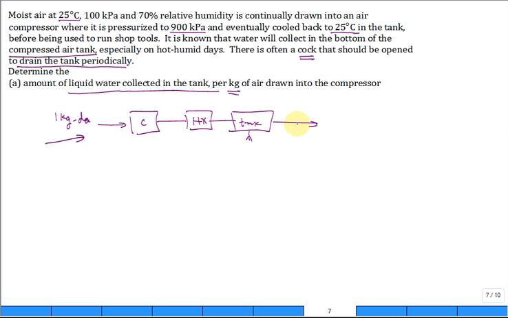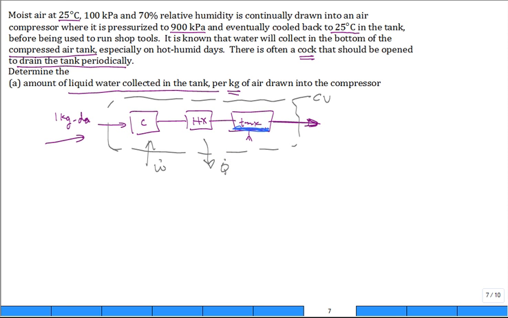Then it's going to be saturated air here that's going to get drawn off, but you'll get some condensate collect in the bottom of the tank. True? Some condensate. So let's just do a big control volume like this. There's our control volume. We know that there's some work in. We know that there's some heat transfer out.